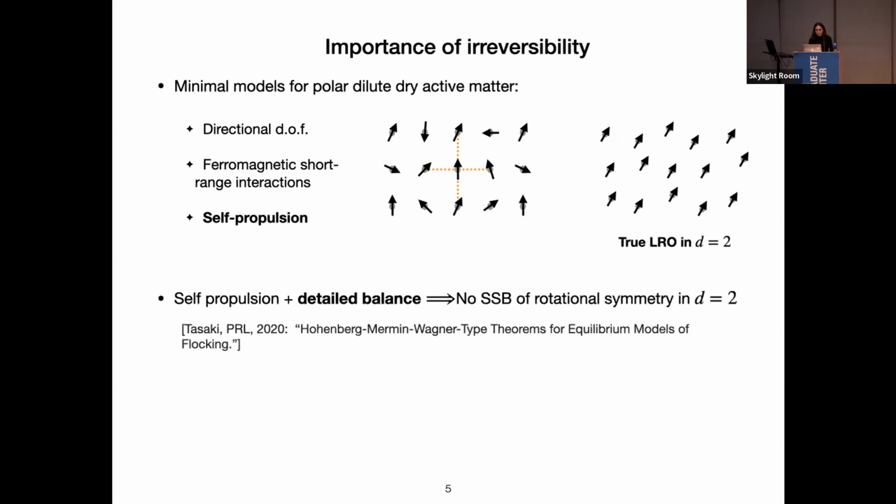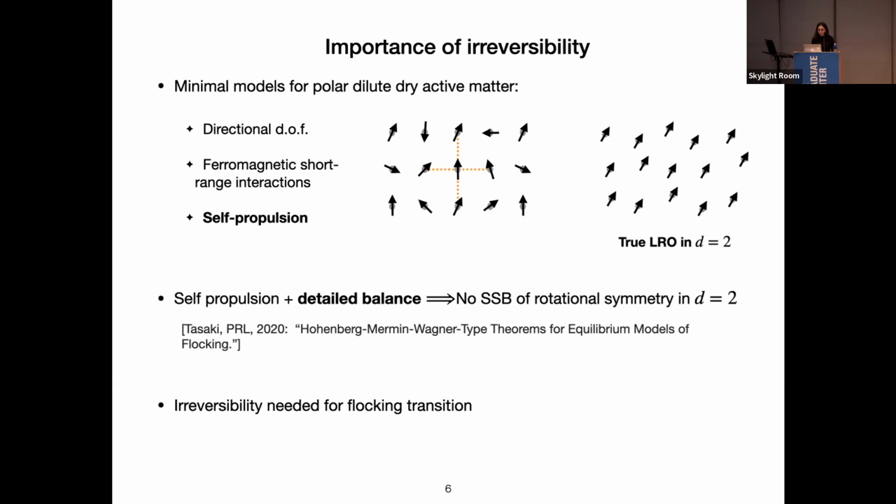However, it has been recently shown that if one takes a system of self-propelled motile particles, but enforces the dynamics to respect detailed balance, then there cannot be any spontaneous symmetry breaking of a continuous rotational symmetry in 2 dimensions. So we have a generalized Hohenberg-Mermin-Wagner type theorem. So this means that it is not self-propulsion per se, the crucial ingredient, but the fact that self-propulsion breaks detailed balance, and so irreversibility is key.